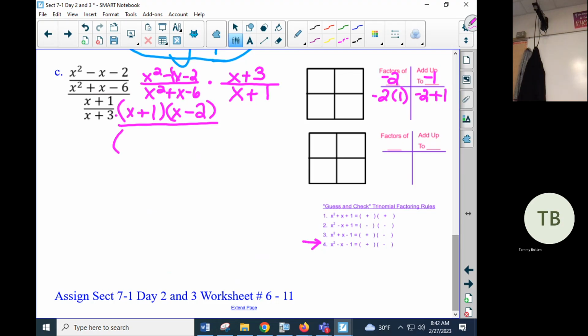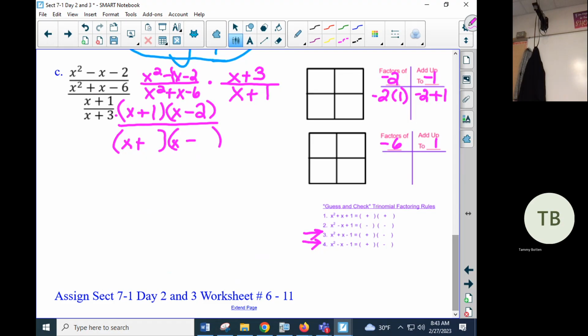Now for this next one, I would have two factors of -6 that add up to +1. If it's a plus and then a minus, that's step 3 here, where I have a plus and a minus. And I do x and x, and if it's -6, I would do either -3 and 2 or -6 and 1.